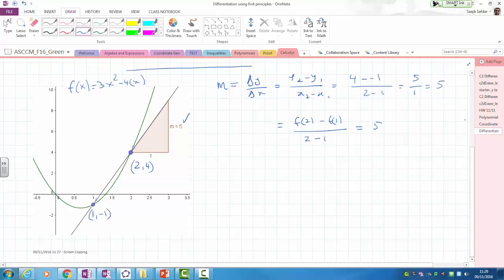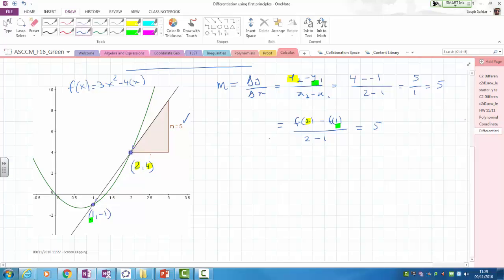So what I'm saying is, instead of writing y2, which we know is 4, I know I get 4 when I put x equals 2 into f(x). And I know I get y1 when I put x equals 1 into f(x), and that gives me my minus 1. You agree? Is that okay?